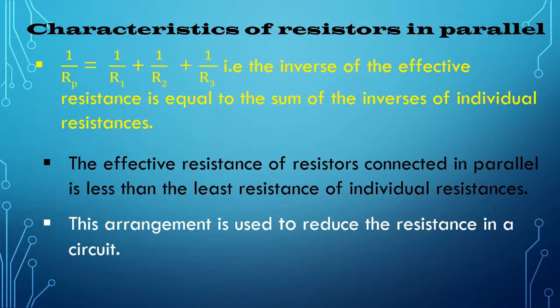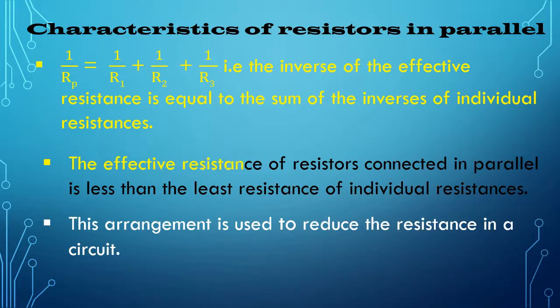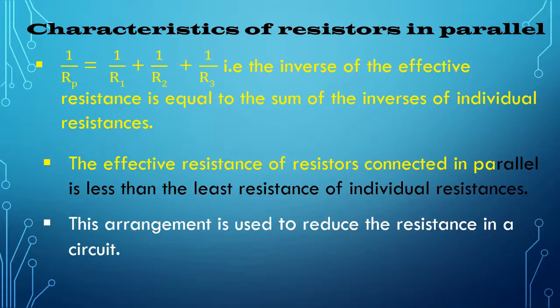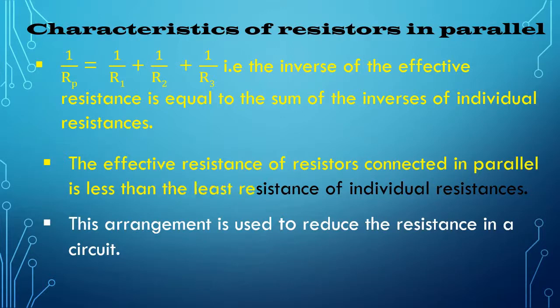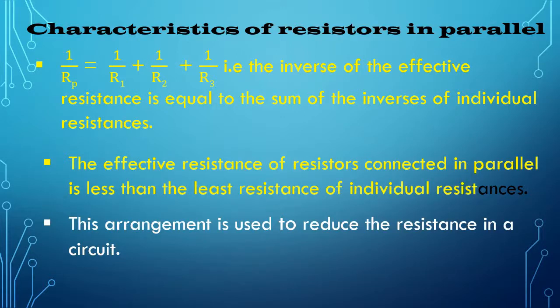The effective resistance of the resistors connected in parallel is always less than the least resistance of individual resistances. Therefore, this arrangement is used to reduce the resistance in a circuit.